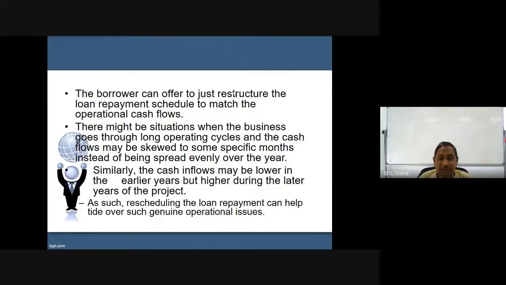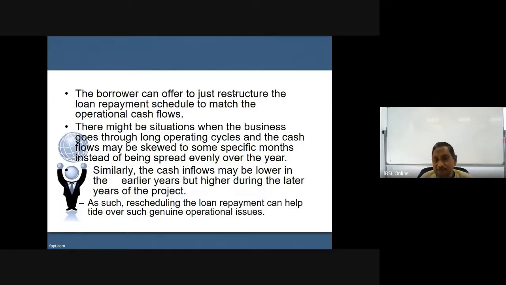Operating cycle means how long it will take from the purchase of raw materials to sales and the cash coming back. That's called the operating cycle. Normally we calculate the operating cycle by number of days, by amount also.